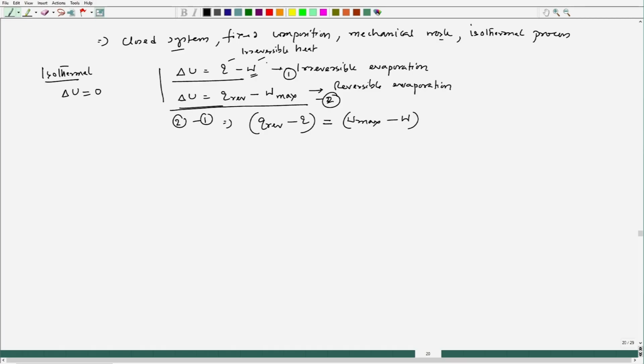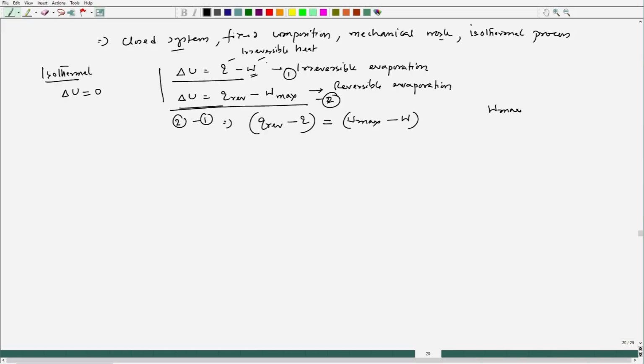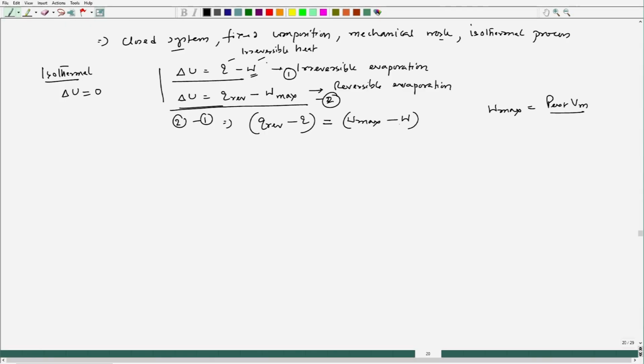Had it been a reversible process, I would have gotten maximum work, which is nothing but P external Vm. This is the maximum work I would have expected. If it is irreversible, then some amount of work would be lost. These works are all positive work because the system is doing the work, so I am getting less work from the system during the irreversible process.